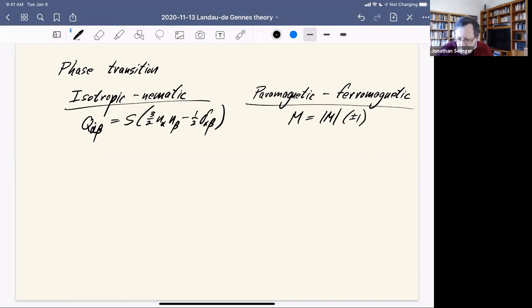Okay? In this case, the magnitude, as you recall, was a function of temperature. The direction is random. It's determined by just spontaneous symmetry breaking.